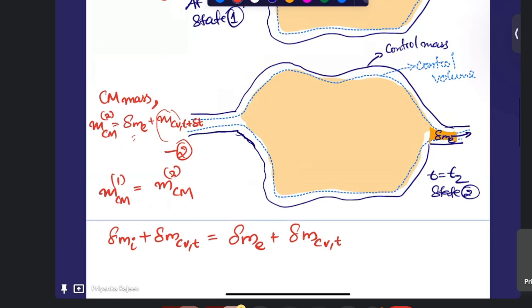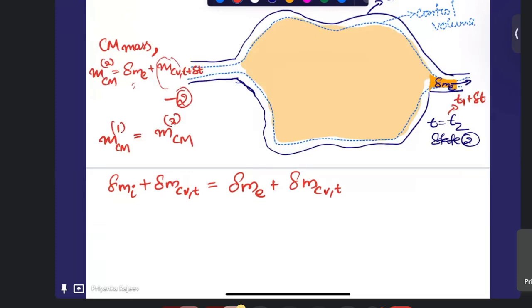So t2 is t1 plus delta t. Sorry, I forgot about that, so it is t plus delta t.